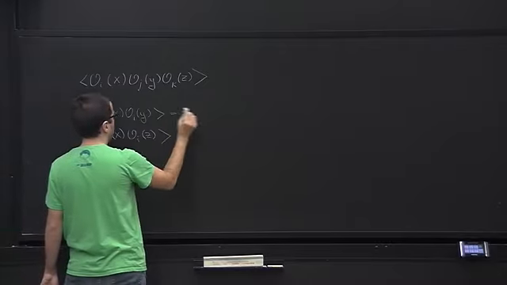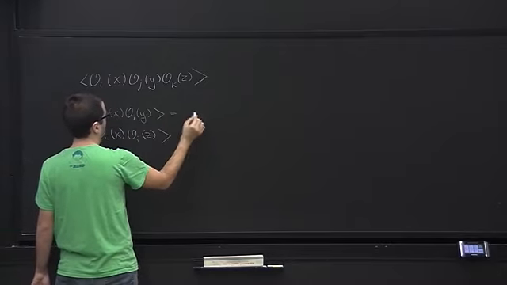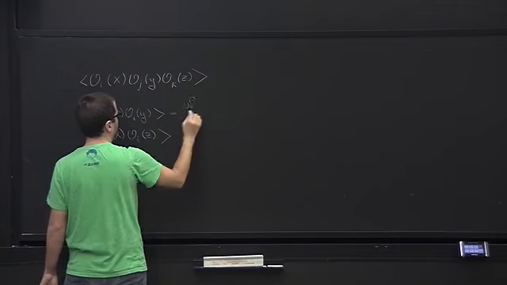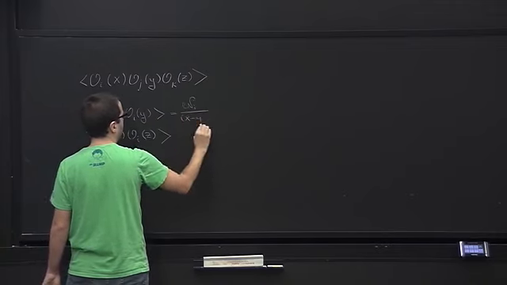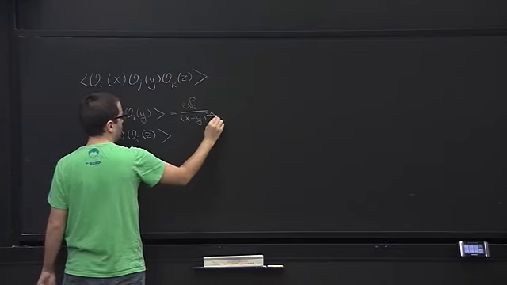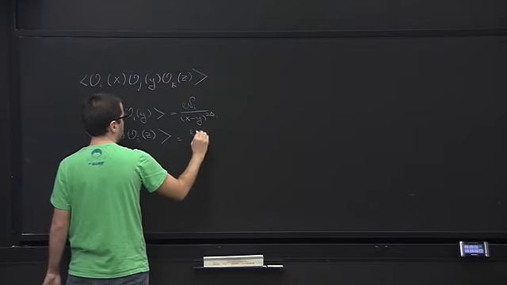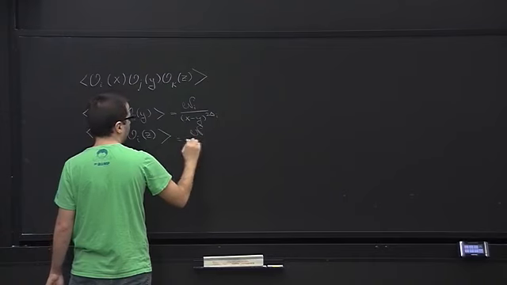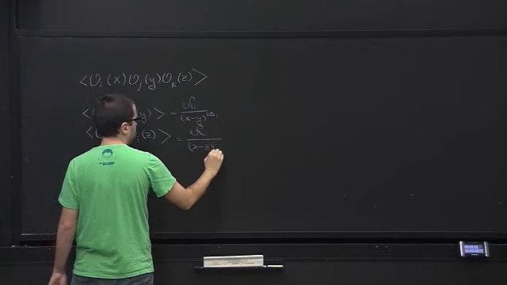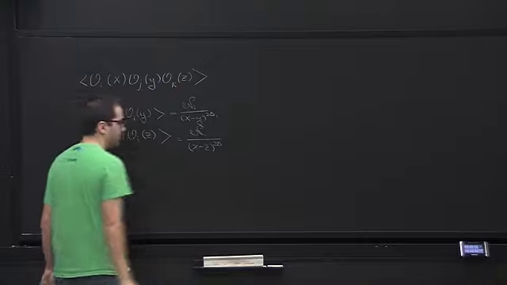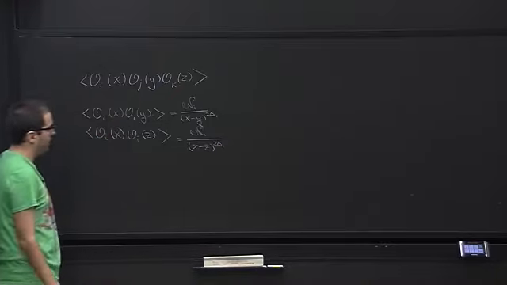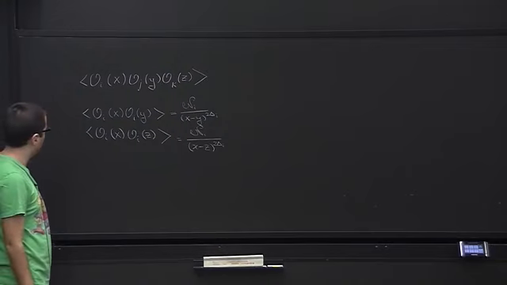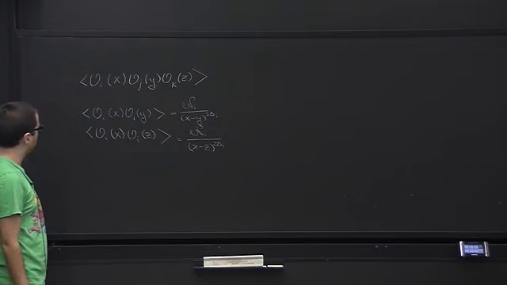So this guy is some normalization n_I divided by |x minus y| to the power 2 delta. And this is some normalization n_I divided by |x minus z| to the power 2 delta. Right? Good.